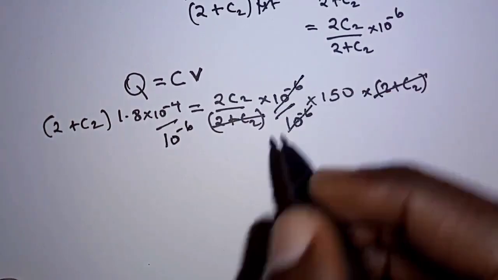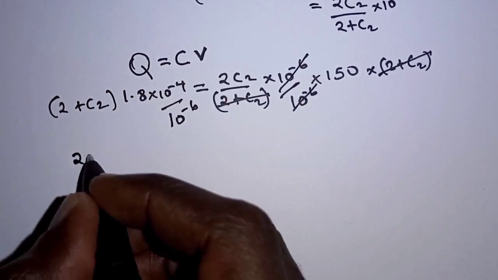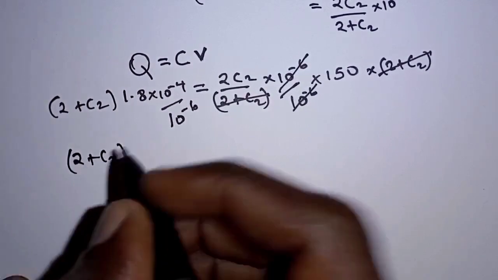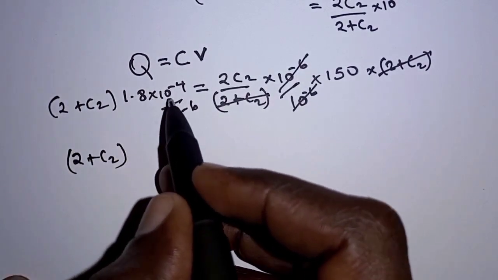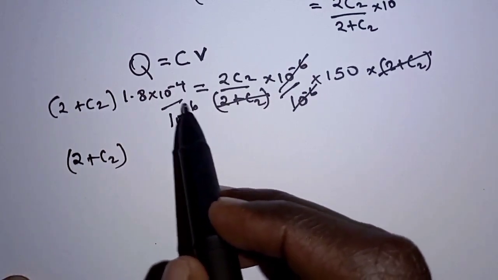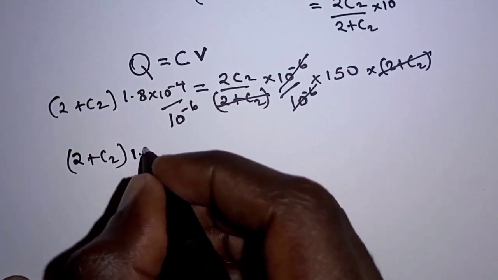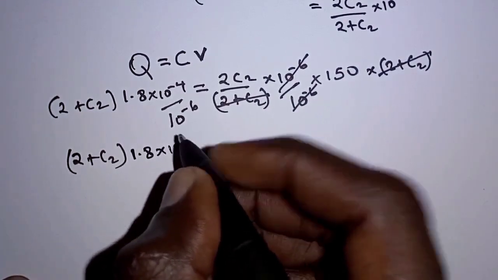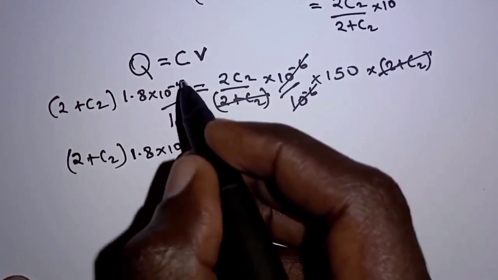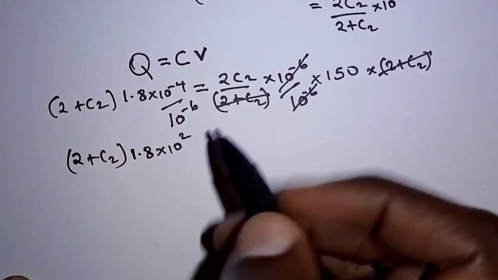So this and this go, so that when we rewrite this, we'll have 2 plus C2 times 1.8 times 10 power, so we'll have negative 4 minus negative 6, applying the laws of indices. So that is times 1.8 times 10 power 2. Negative 4 minus minus 6, that is negative 4 plus 6, and that is 2.